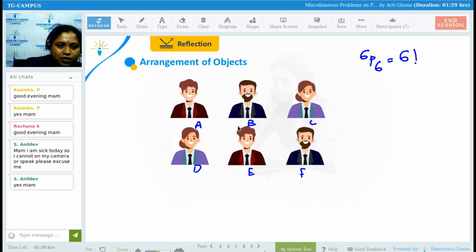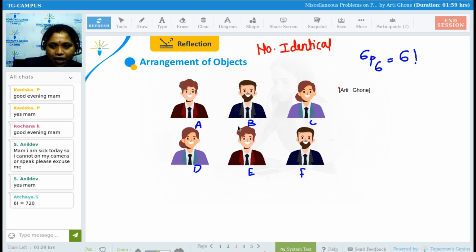No need to work out the final multiplication answer, if identical is not considered, that is if the situation is such that there are no identical objects. If they are identical, what is the permutation? I'm changing to the identical pattern now.